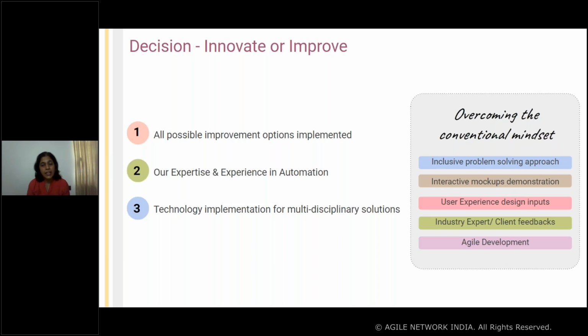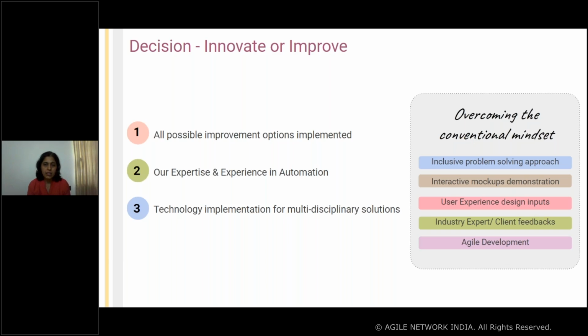The second thing was the interactive mock-up demonstration. When we do the UI mock-up, just giving them static things doesn't help. We started with that, but then we realized that it is very difficult for them to envisage how the tool would work and how the flow will happen.